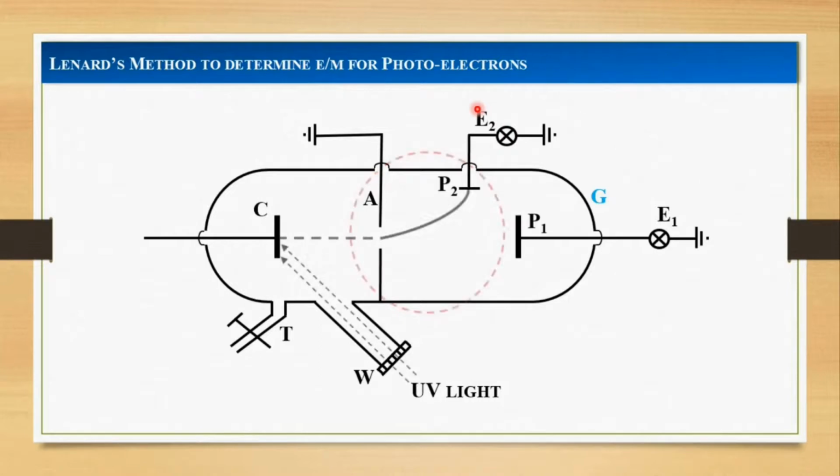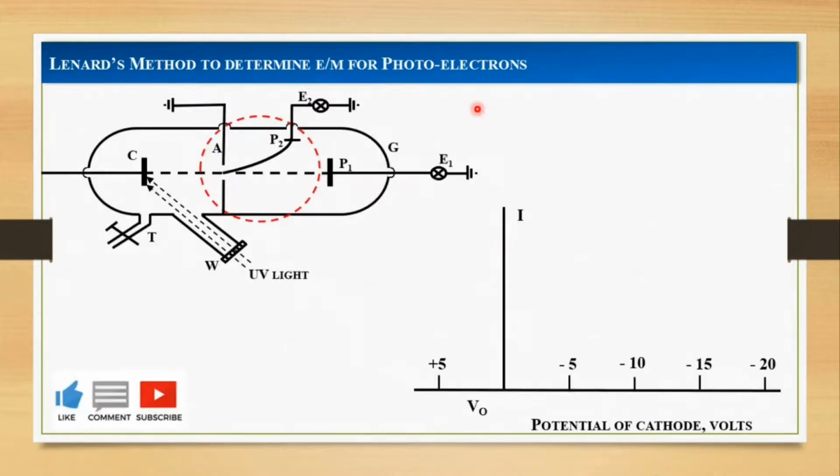Then Lenard studied the variation of cathode potential with respect to current. Initially, Lenard applied positive potential to the cathode, and it was observed that there is no current in the circuit.